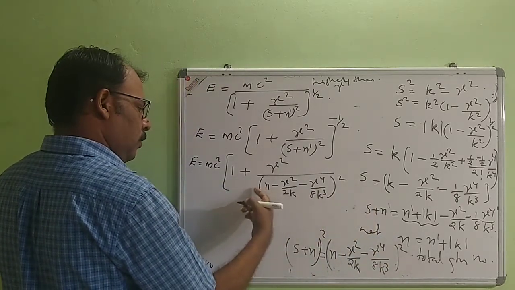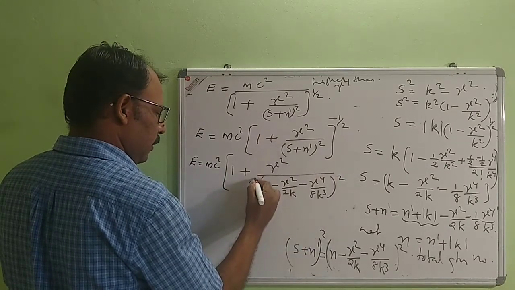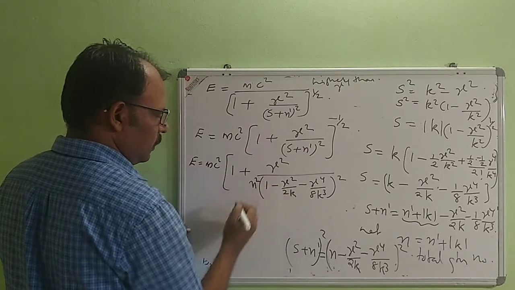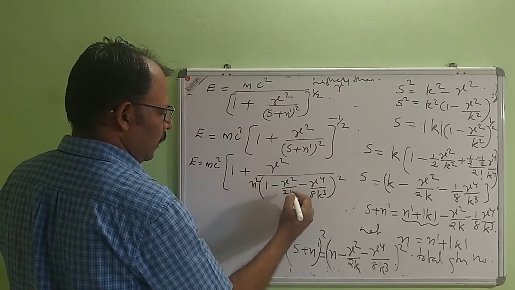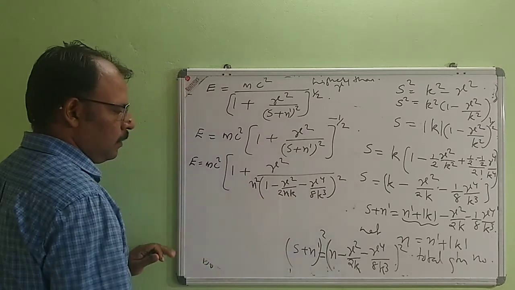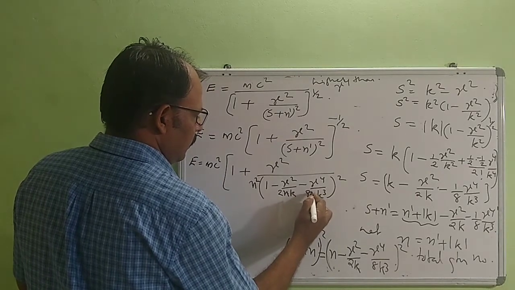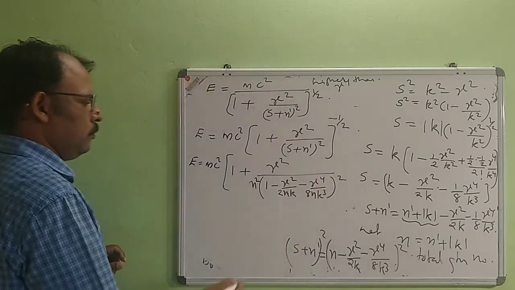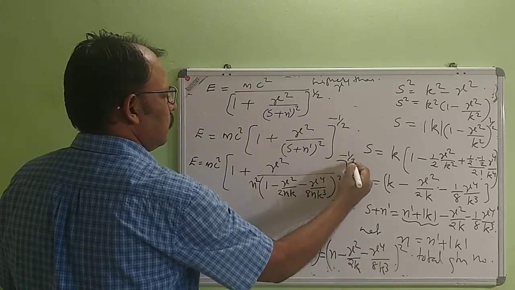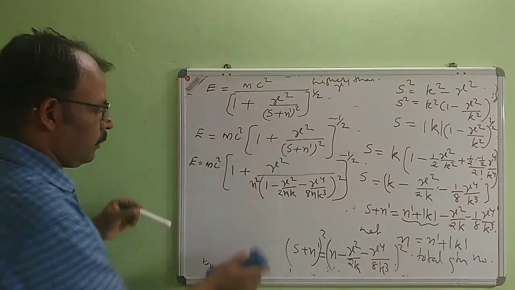Now take n common. When I take n outside, it will be square. So it is n square. So I am taking n common from here. So n is taken outside. So 1. Here when I take n common, this is 2nk, 2n mod k. This will be 8n k cube. So n square is taken common from this. Then raised to minus 1 by 2. Now take this term to the numerator.